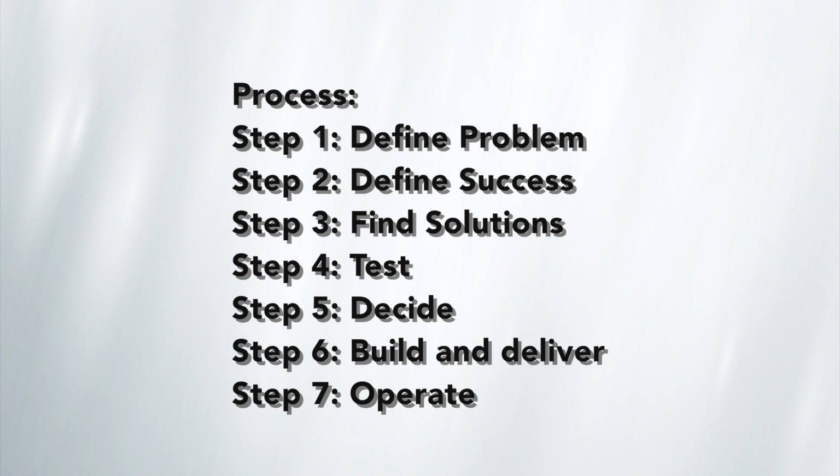Step number 2, define success. Step number 3, find solutions. Step number 4 is test. Step number 5 is decide. Step number 6 is build and deliver, use the solution. And step number 7 is to build and operate, do the solution consistently.